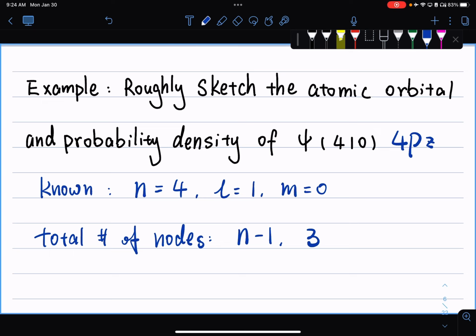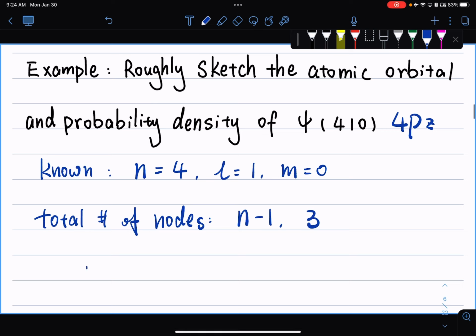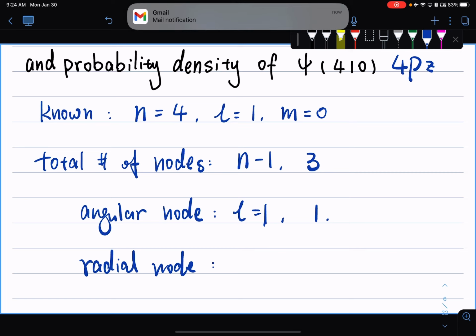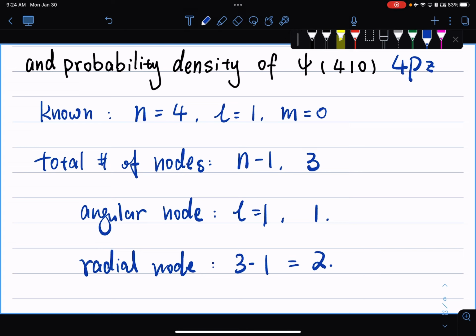So the total number of nodes includes both angular node and radial node. For l equals 1, my angular node equals 1. As a result, my radial node equals 3 minus 1 equals 2. So that's how I work out the number of angular and radial nodes.